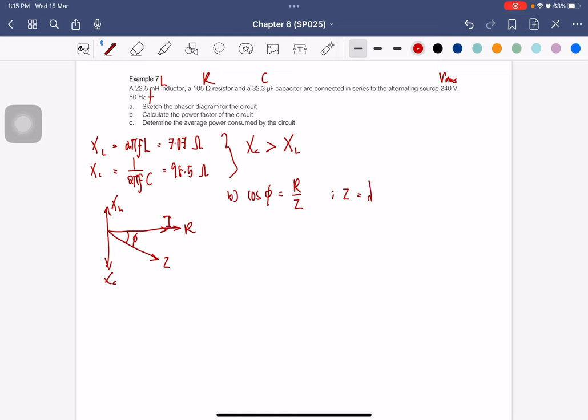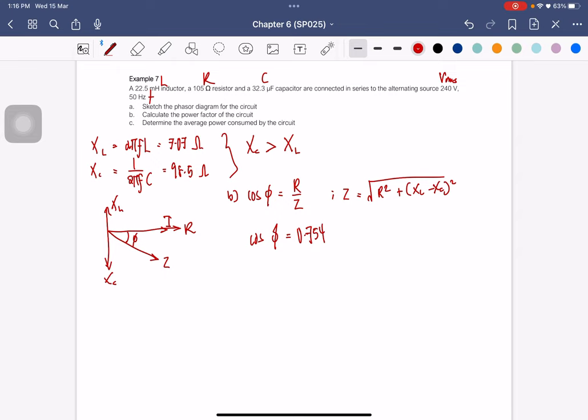So Z is R square plus XL minus XC square. So from here, the power factor will be equal to 0.754. Supposedly lah. Just let me double check that. So R is 105 plus XL minus XC, so that is 7.07 minus 98.5.